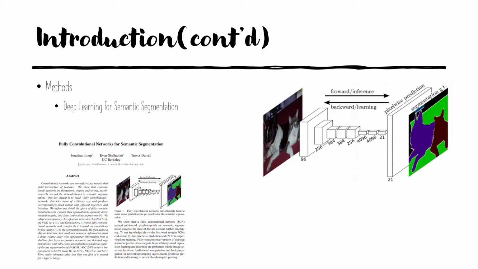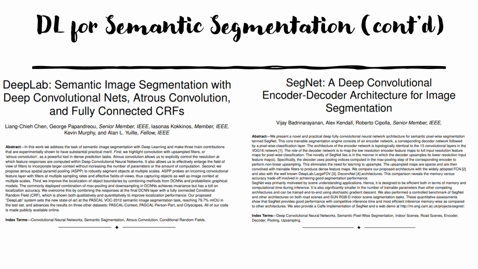Modern convolutional neural networks for image classification combine multi-scale contextual information by consecutive pooling and subsampling layers that lower the resolution. However, semantic segmentation requires multi-scale contextual reasoning together with full resolution predictions, such as dense predictions. Several methods have therefore been proposed to tackle the opposing needs of multi-scale inference and full resolution output.